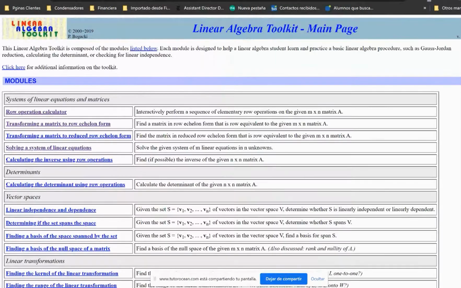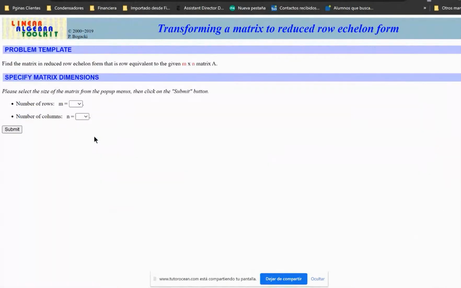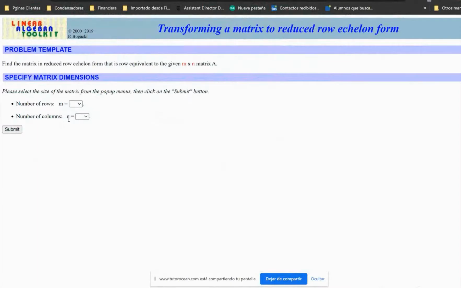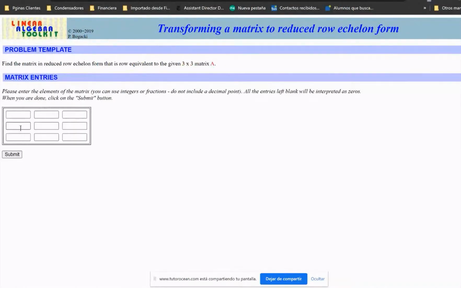You choose transforming a matrix to reduced echelon form. Then you say your matrix is 3 rows, 3 columns, and you send it, and then you fill in the numbers.